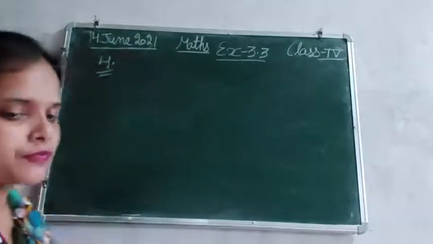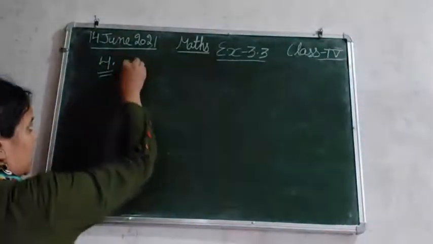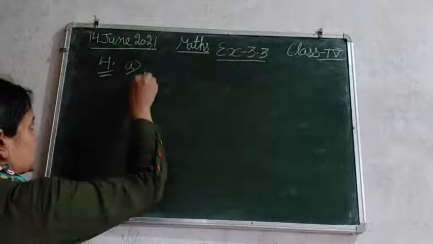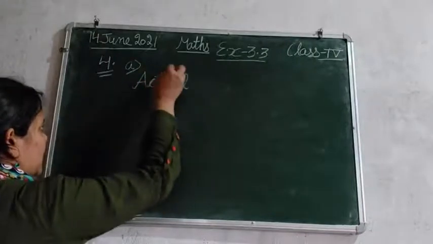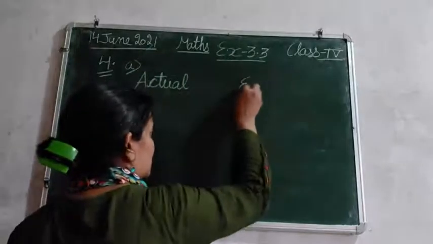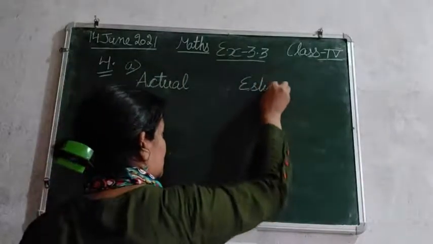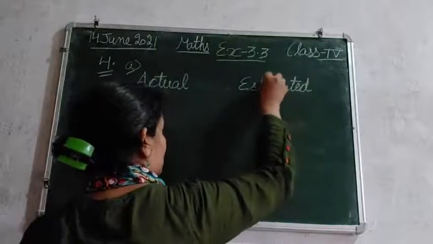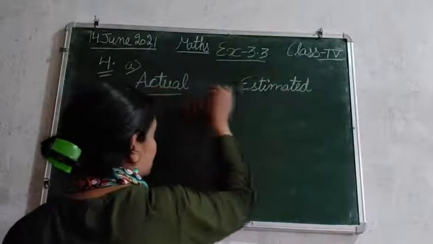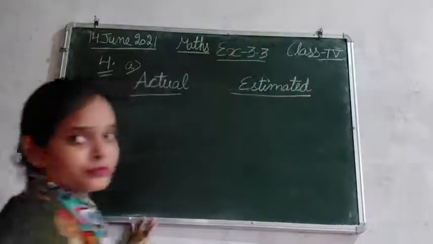चलिए, question number 4, the A part. Actual and estimated.